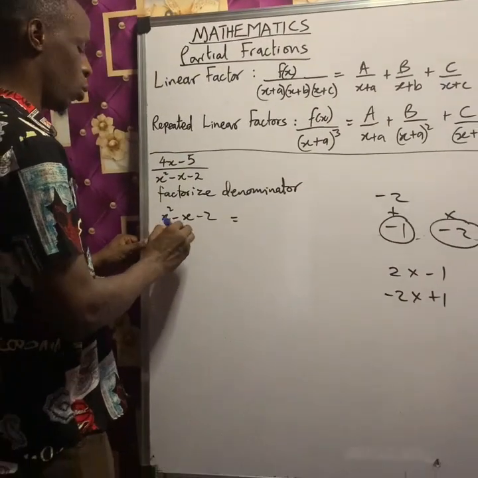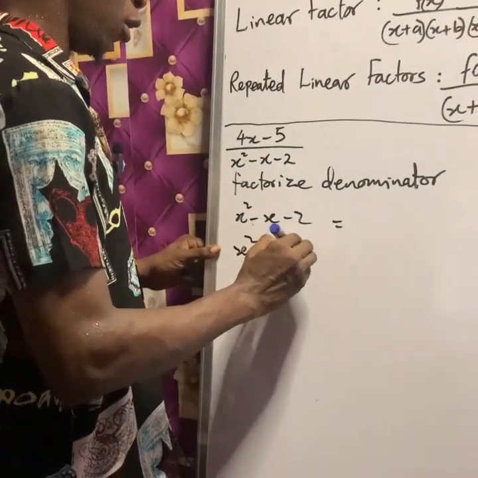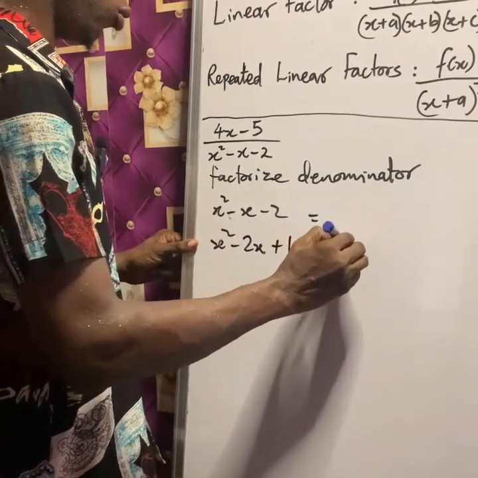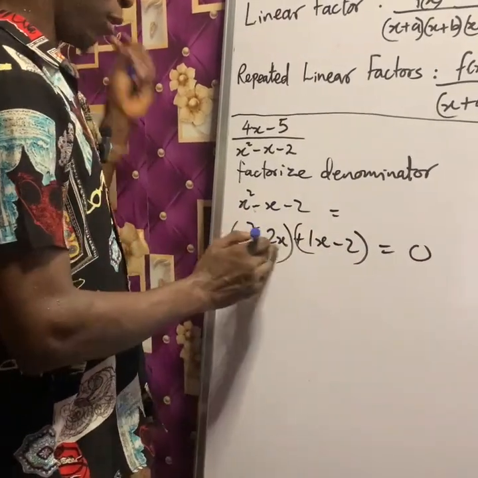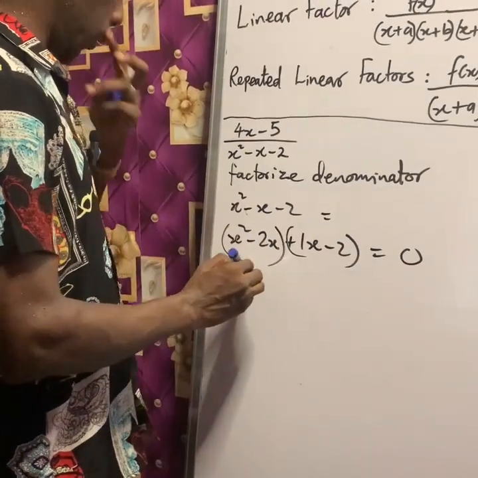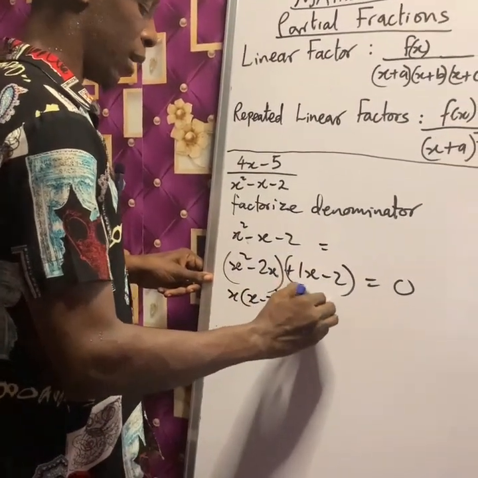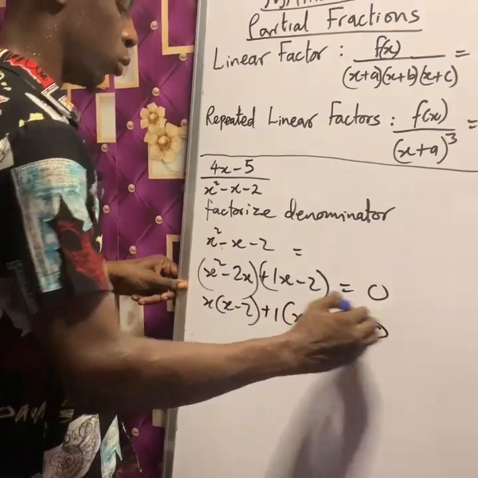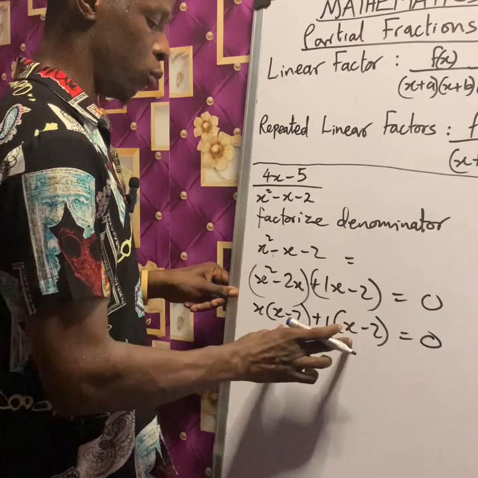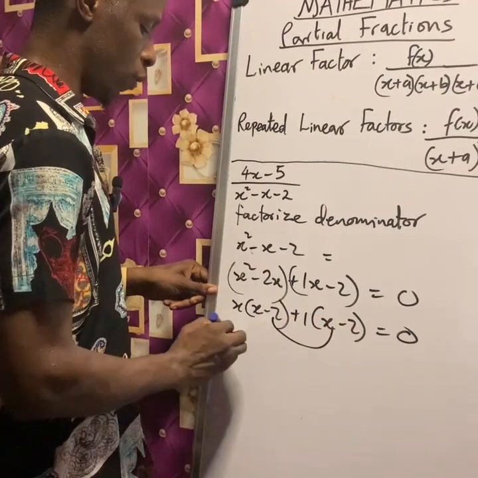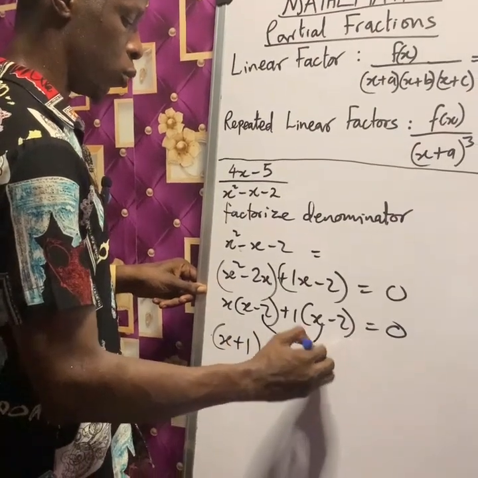We have x squared minus 2x plus 1x minus 2 equal to 0. So we factorize this: x open bracket x minus 2 plus 1 open bracket x minus 2 equal to 0. Look at this, the two of them here are the same, therefore we choose one out of the two of them. Say x plus 1 and x minus 2.